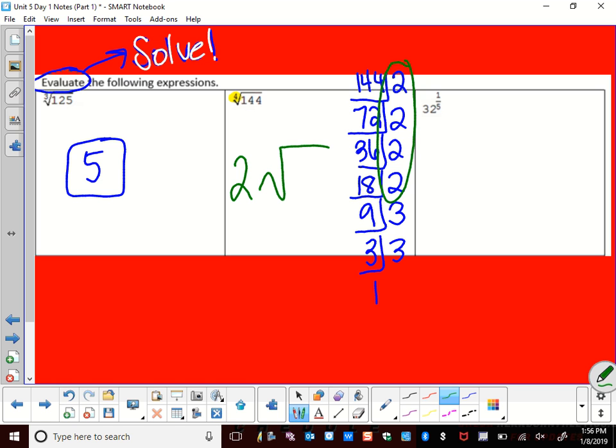Anything that's left over, I need to multiply together. So what's 3 times 3? 9. And before we're done, we have to plug in our index. What's my index here? What's the original? 4. If you put nothing there, it assumes that your index is going to be 2. That's what we don't want.